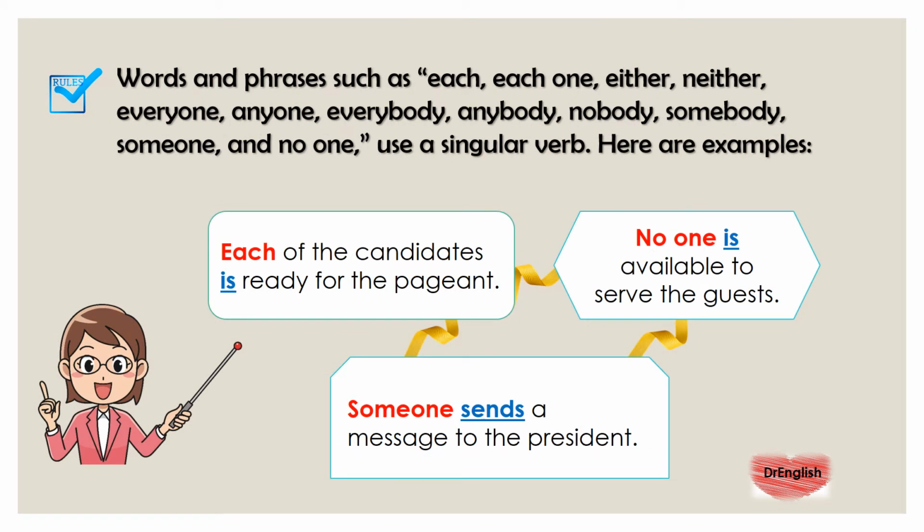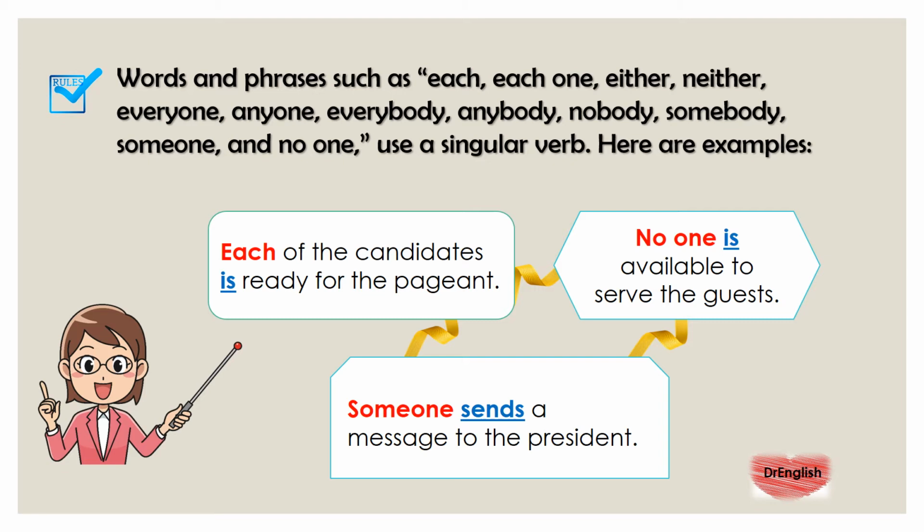All right, the next rule says words and phrases such as each one, either, neither, everyone, anyone, everybody, anybody, nobody, somebody, someone, and no one use a singular verb. Let's see some examples.